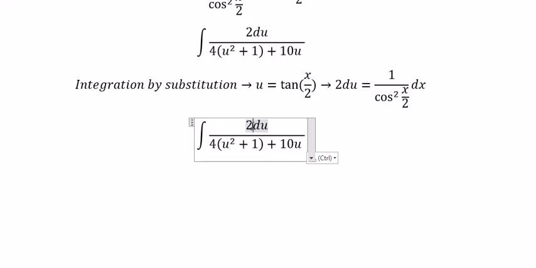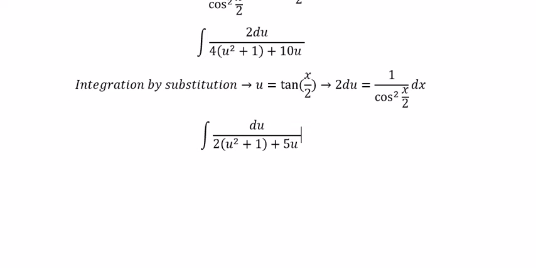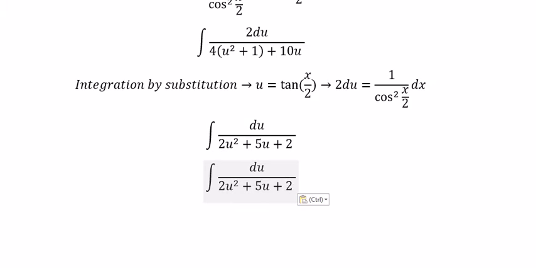So we simplify number 2. So you got 2u square plus 5u plus 5. Number 2. So the next one we do factorization.